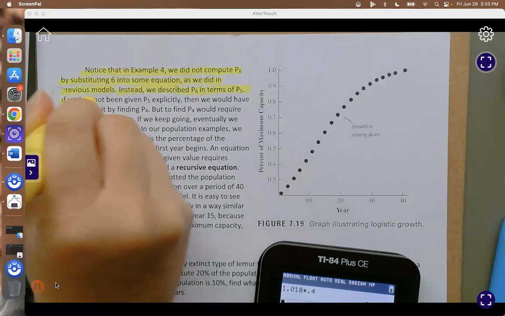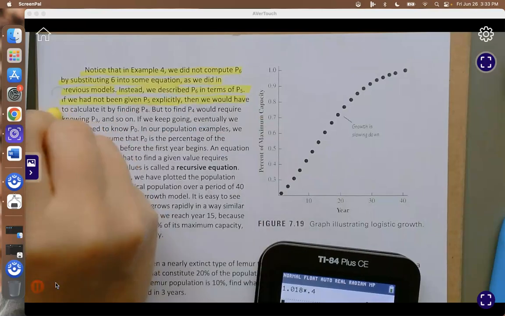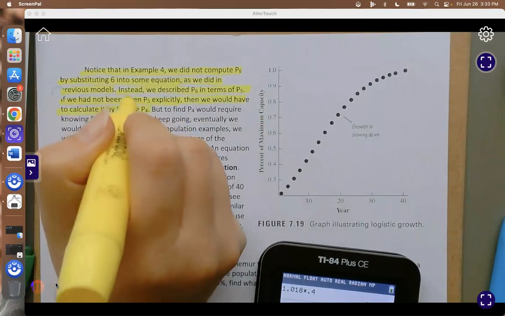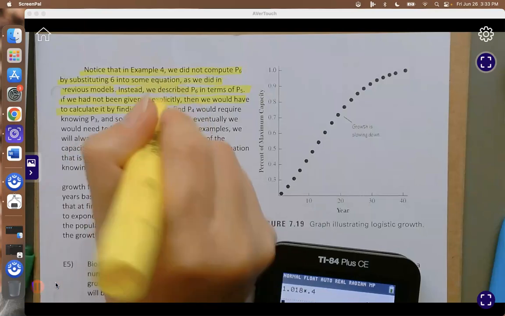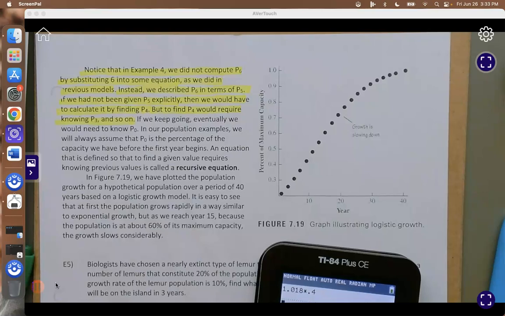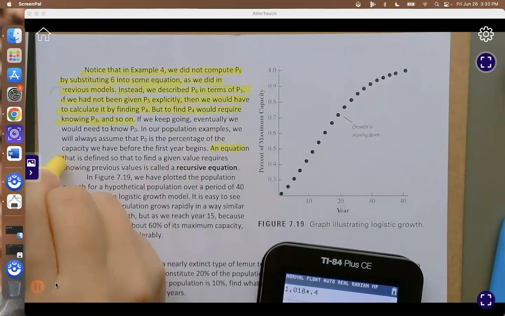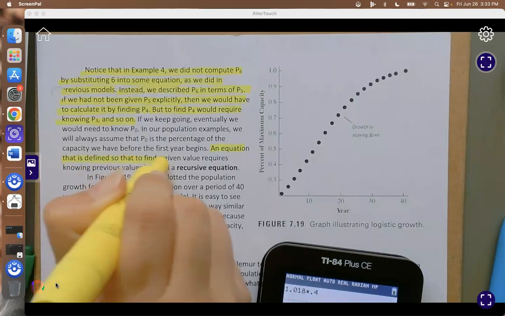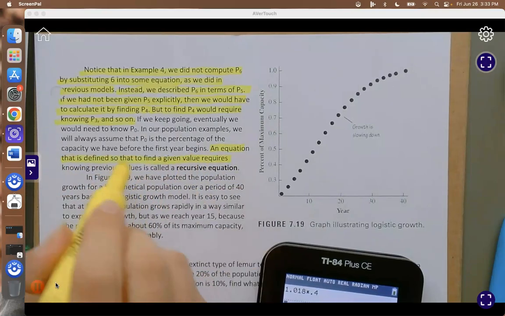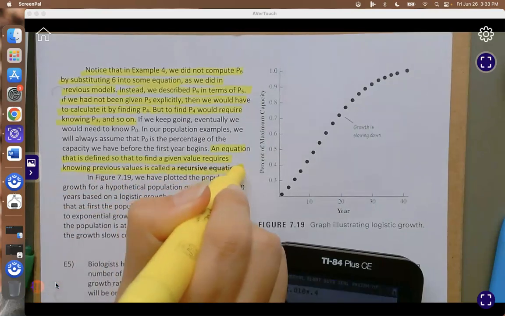If we had not been given P of 5 explicitly, then we would have had to calculate it by finding P of 4. Okay? But to find P of 4 would require knowing P of 3 and so on. Okay? An equation that is defined so that to find a given value requires knowing previous values is called a recursive equation.